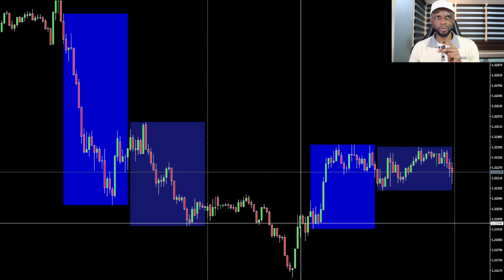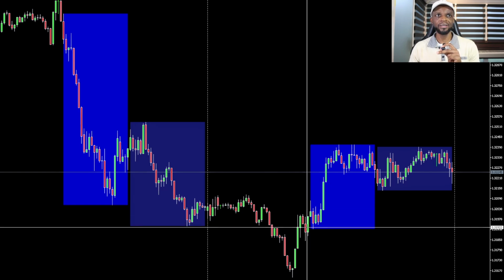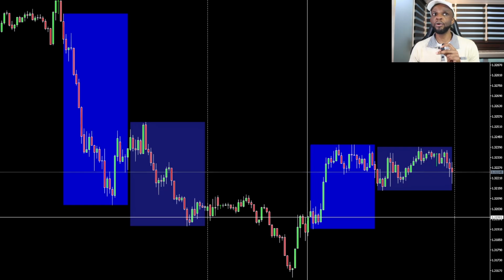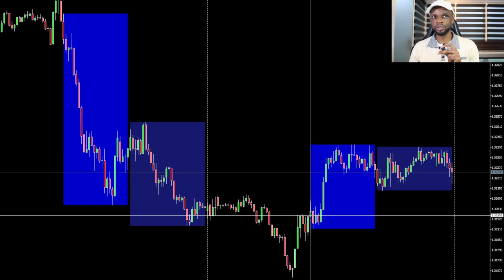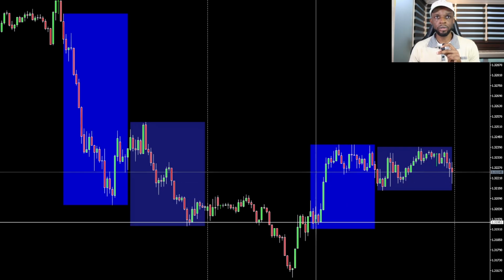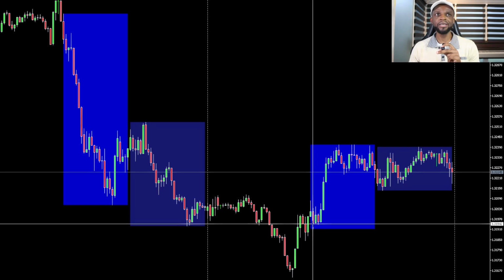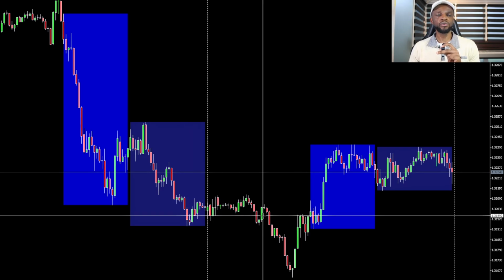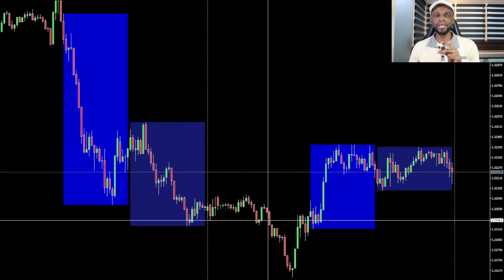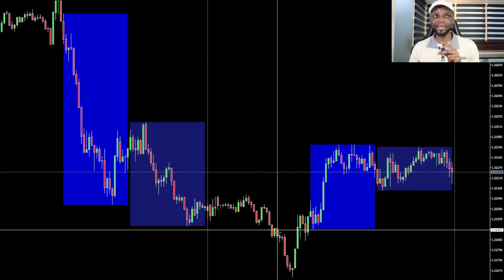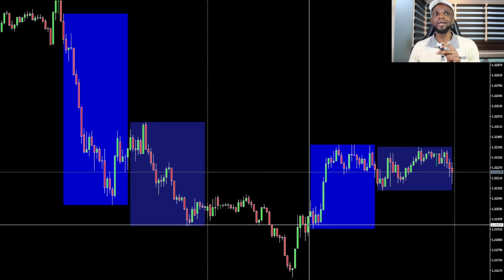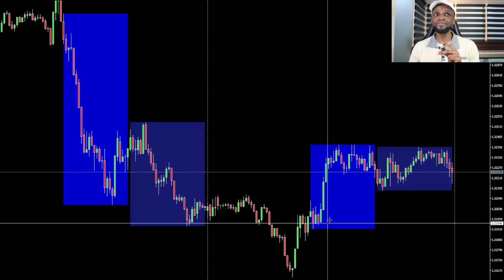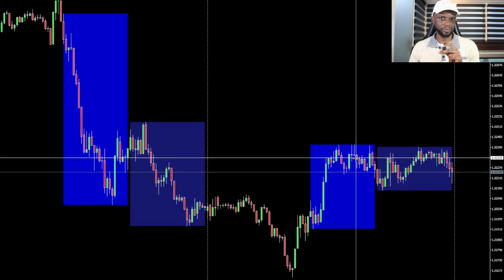Okay, and then after doing that, it hovered a little bit and then started going up. But when did it start going up? It started going up in the London session. So sometimes price will go in a certain direction in the Asian session, and then in the London session, it will reverse that direction.